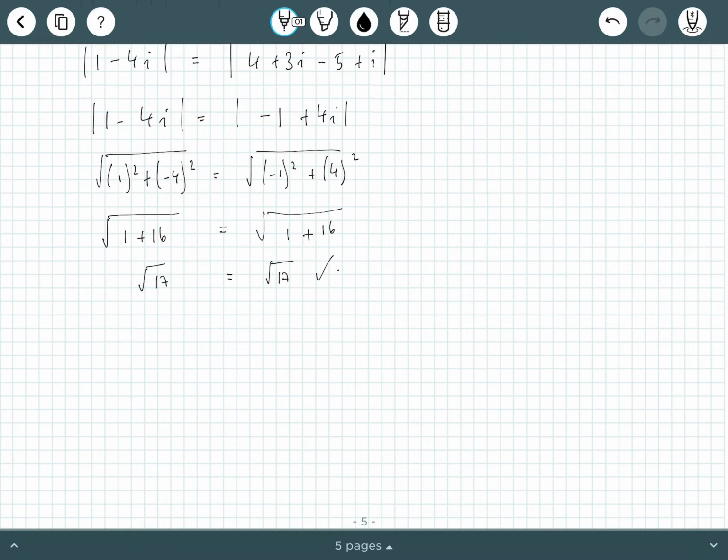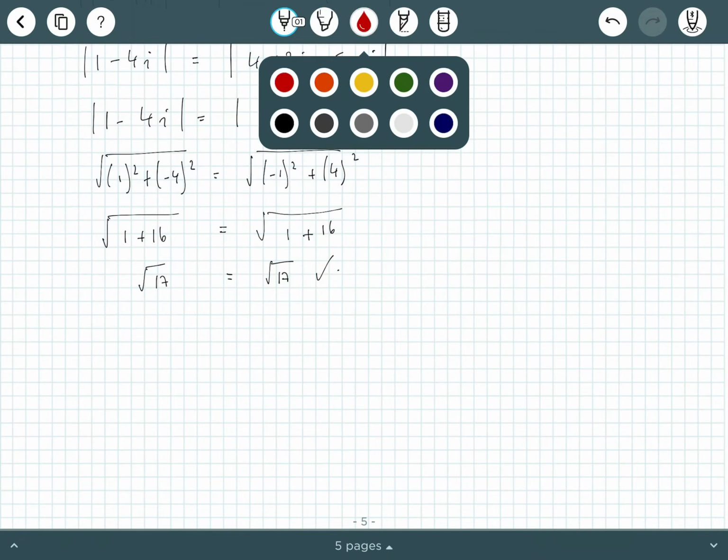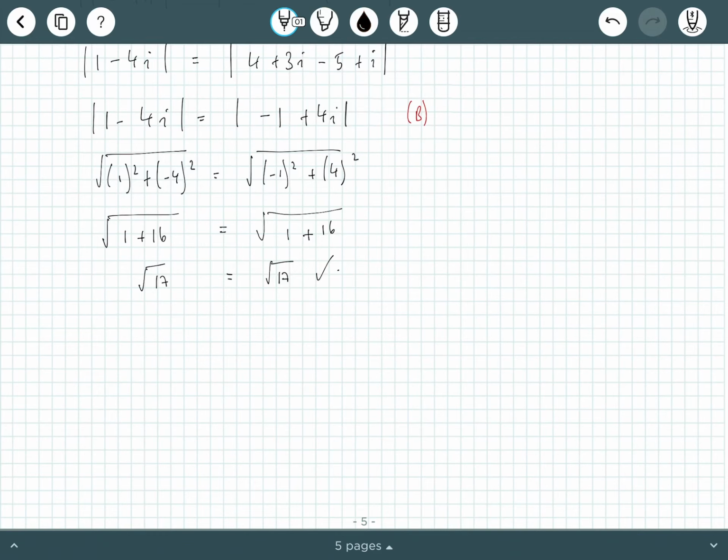Okay, moving on to the final section, lads, which you've seen over and over again before. I'll just do it over this side here. It's saying find Z3 such that Z1 is equal to Z2 over Z3. You want to give your answer in complex number form.